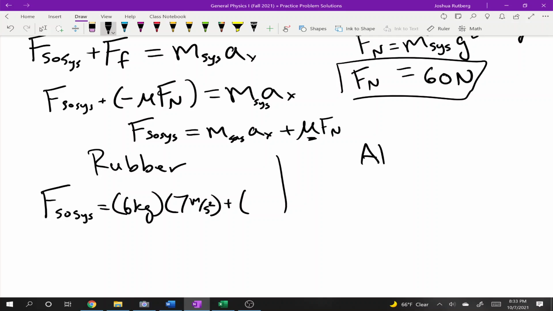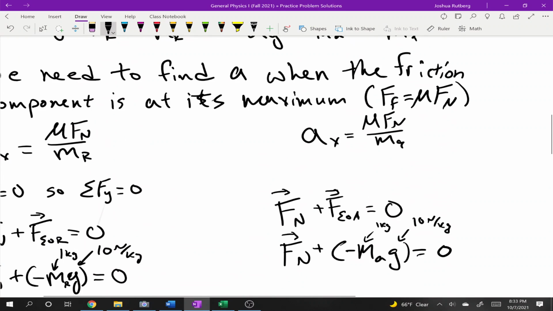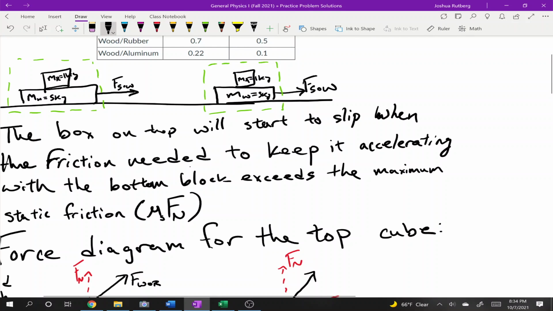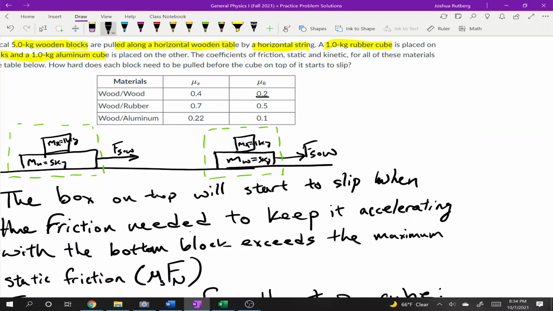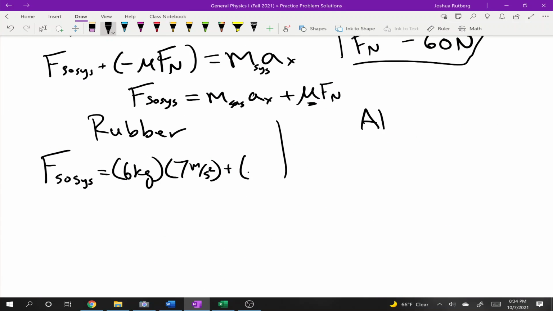Remember, this is the friction between the wooden block and the wooden table, and this is sliding, this is accelerating, so I need to use the kinetic. So this is the 0.2. 0.2 times 60 newtons.